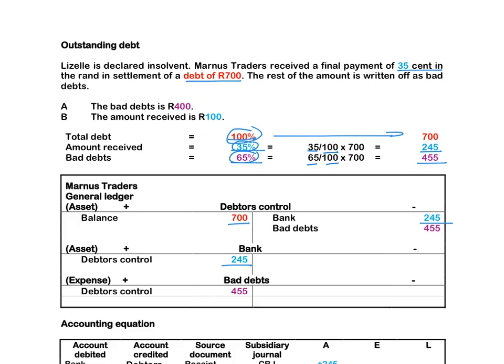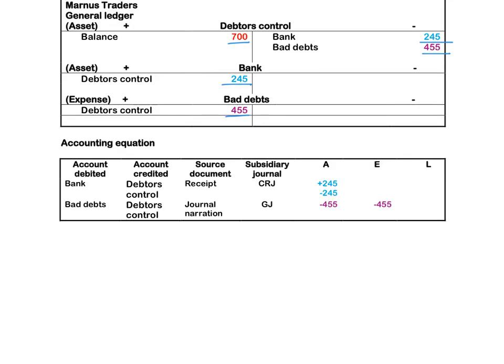We will also decrease the debtors with the amount written off, 455, so that this account can be closed, and we will debit bad debts with 455.